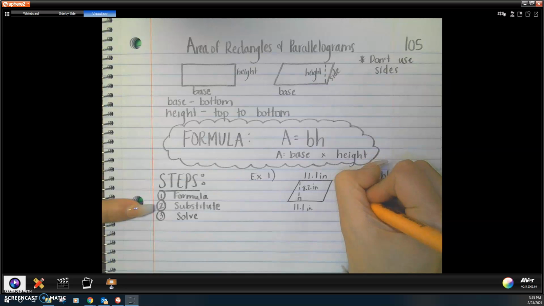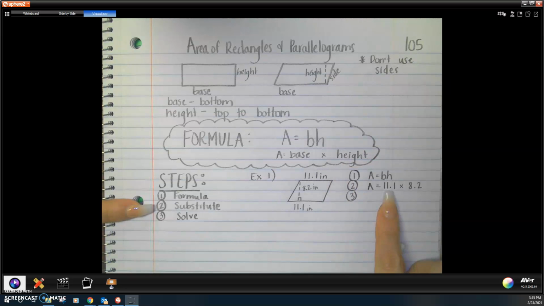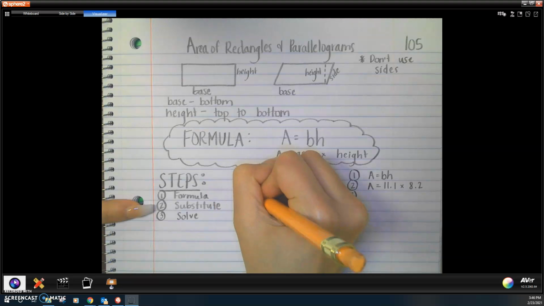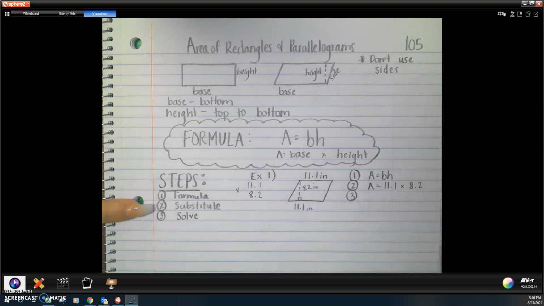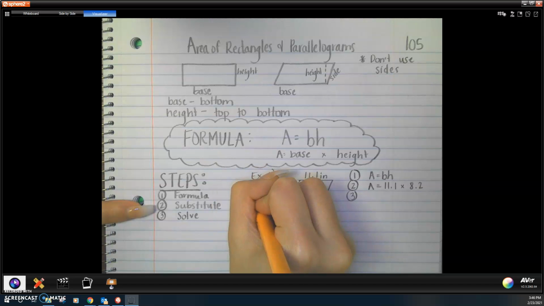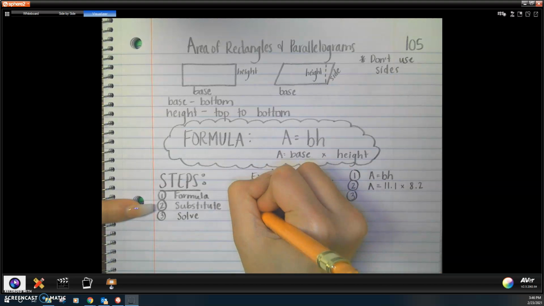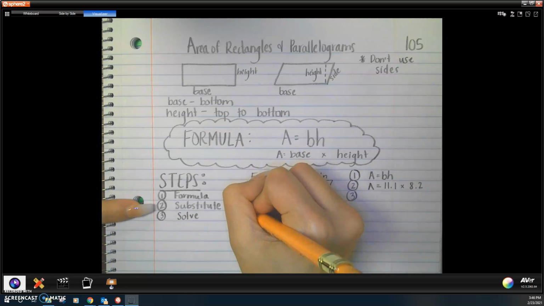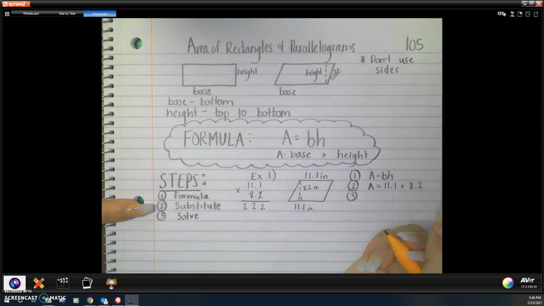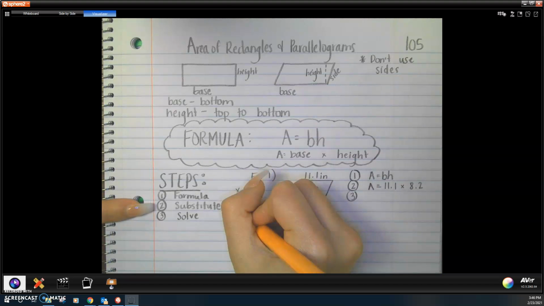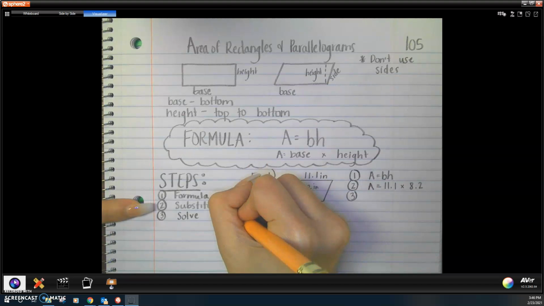So then step 3, we're going to solve 11.1 times 8.2. So I'm going to go over to the side. Remember, the number with the most digits goes on top. 2 times 1 is 2, 2 times 1 is 2, 2 times 1 is 2. We're done with that. Put a 0. 8 times 1 is 8, 8 times 1 is 8, and 8 times 1 is 8.